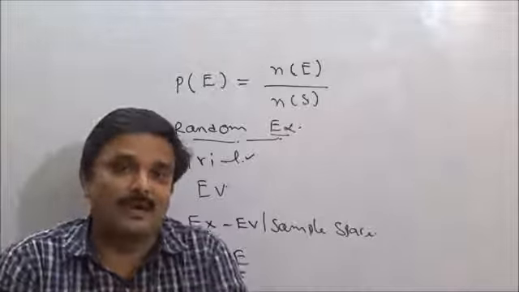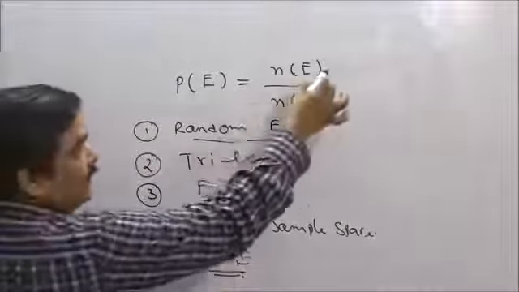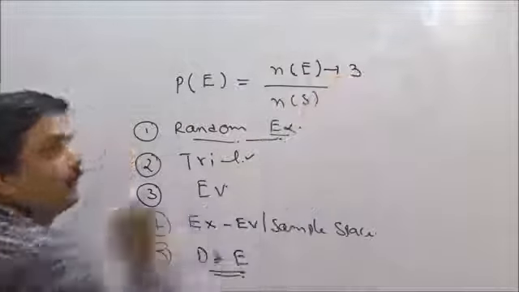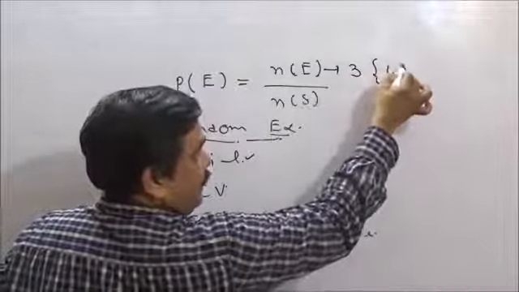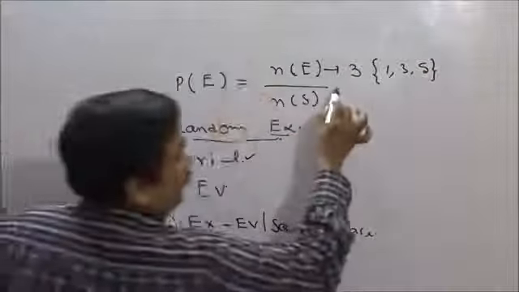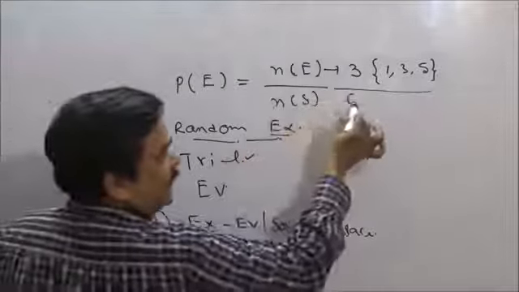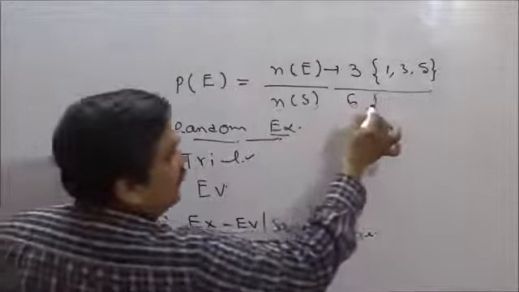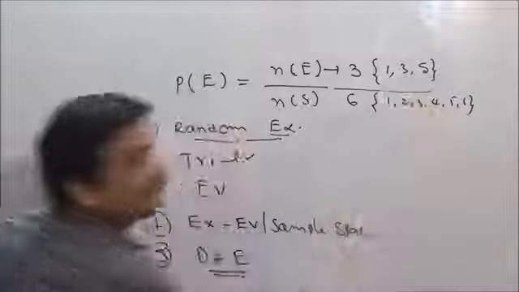Then 5 is an odd number. So the number of desired events in this case is 3. What are those 3? That may be number 1, number 3 or number 5. Out of how many in the sample space here? That is 6. And those 6 are 1, 2, 3, 4, 5 and 6.